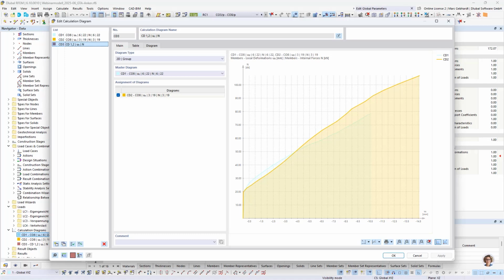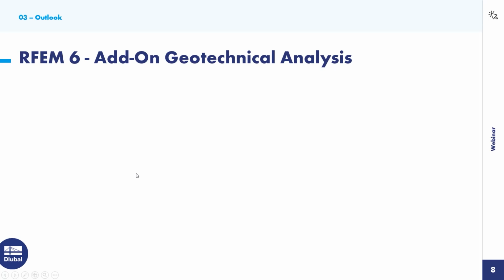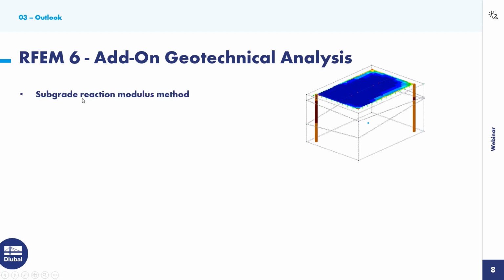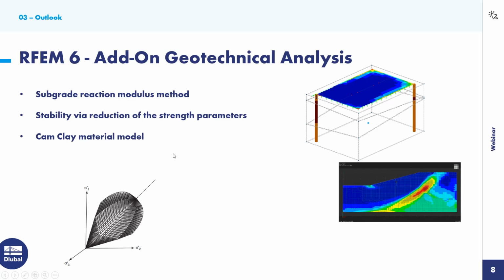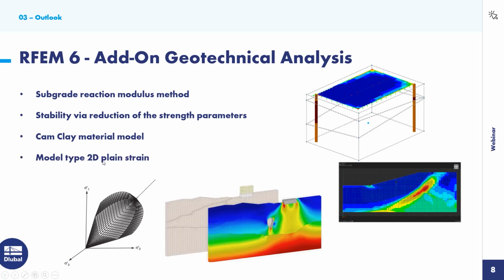So go back to our presentation and want to show you our now new coming exciting features for the Geotechnical Analysis add-on, which will be a subgrade reaction modulus method, additional to the 3D and the shown constraint modulus method, a stability analysis via reduction of the strength parameters for soil, a new Cam-Clay material model, and the model type 2D plane strain, which will be very beneficial for modeling such slices not by volume, but by a 2D slice.